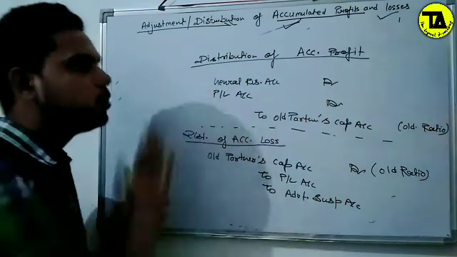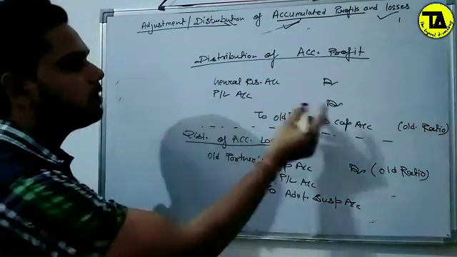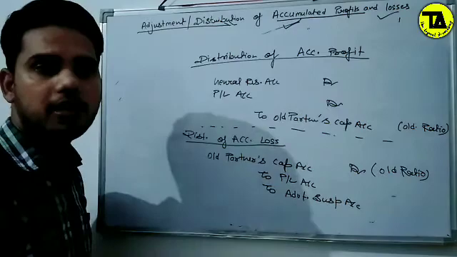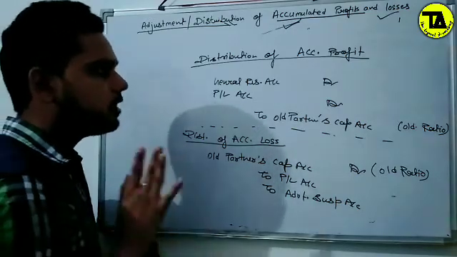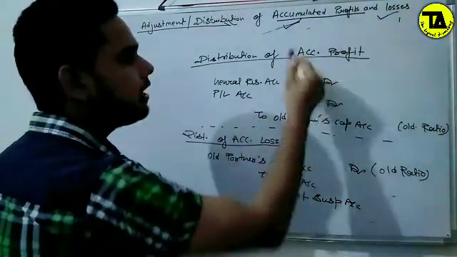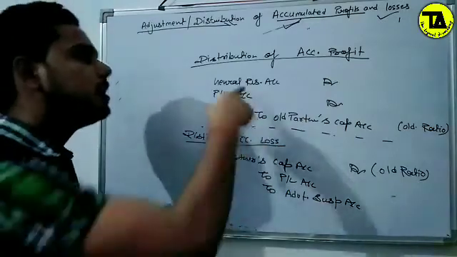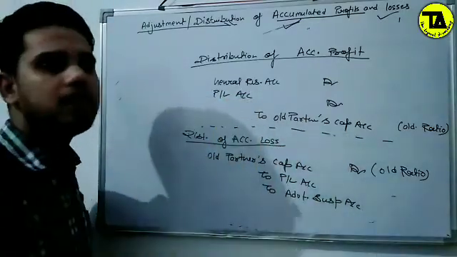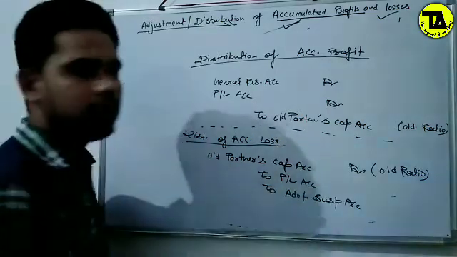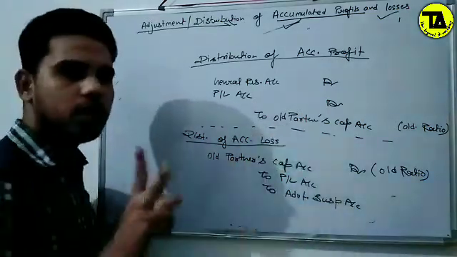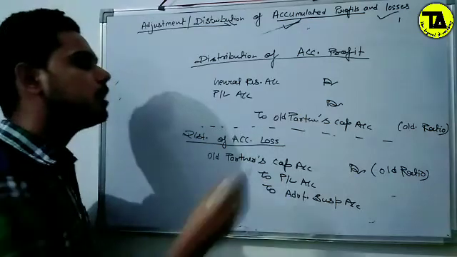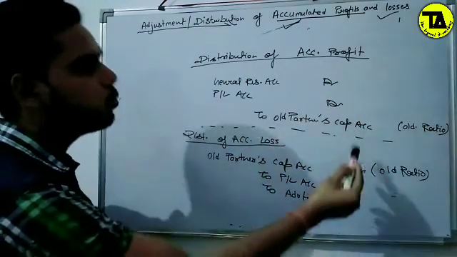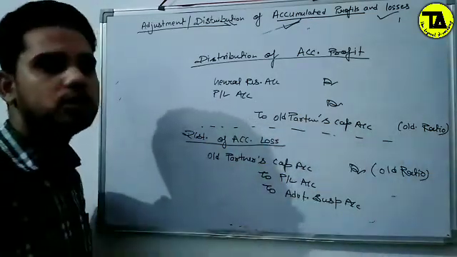While distributing, you will debit profit and loss account and credit old partners' capital. The funda is very simple: debit that accumulated profit and credit old partners' capital accounts in the old ratio. Suppose you have two partners A and B, you will credit A's capital and B's capital in their old ratio.